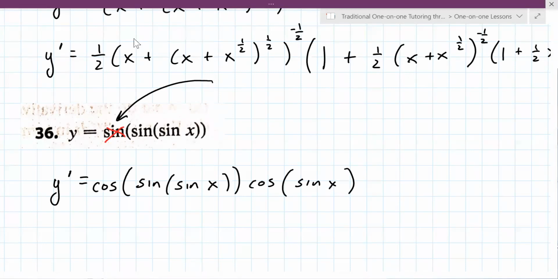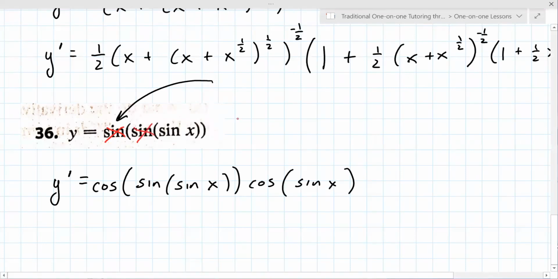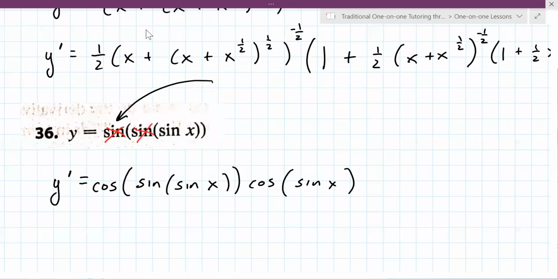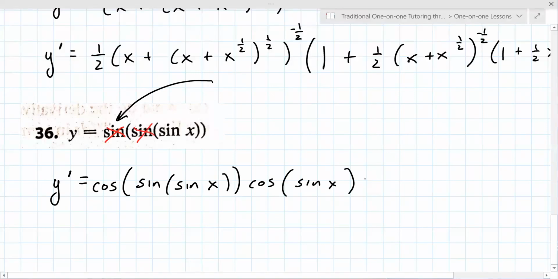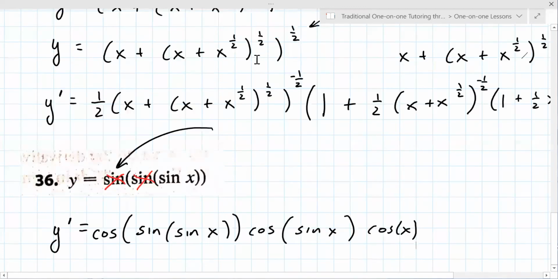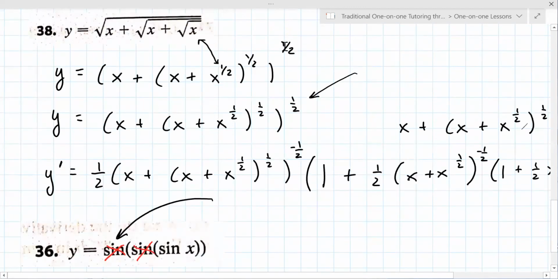Now you're done with that one. And now what's the derivative of sine? Cosine. Now, the difference between this problem and the previous problem is that you were looking at the left side, which seems to be easier for our eyes than the right side. See how the right side tells you where the outside function is? And that can maybe throw you off a little bit, so keep that in mind here. We should do a symbolic one.